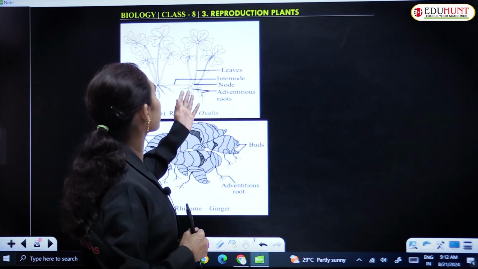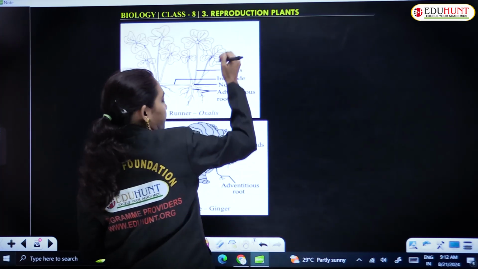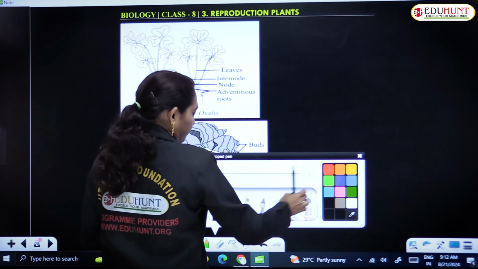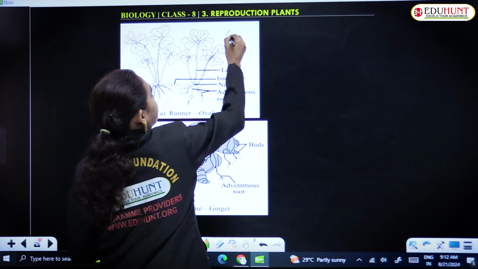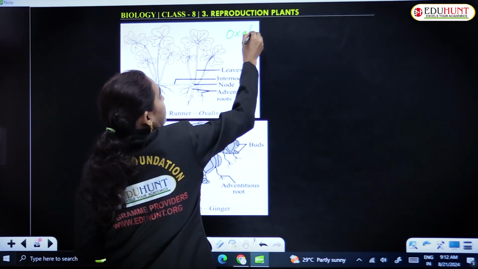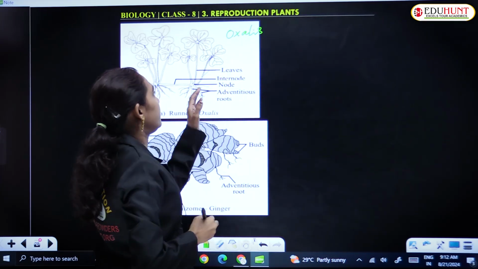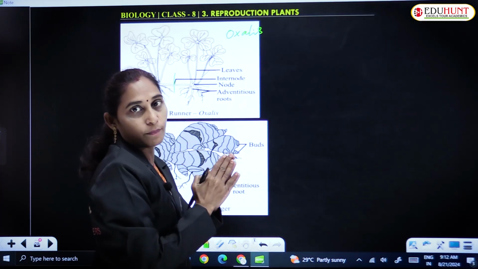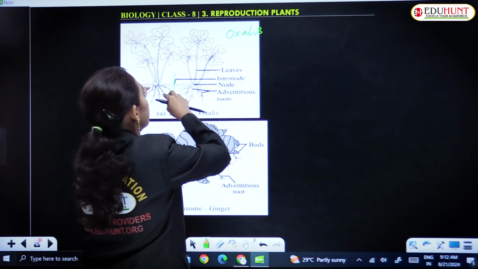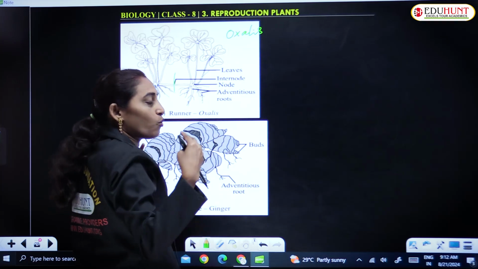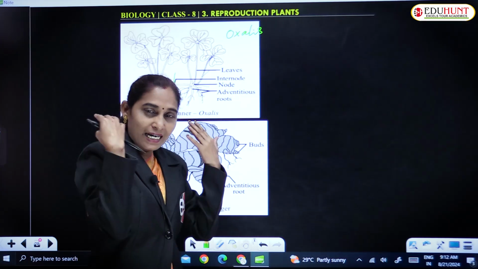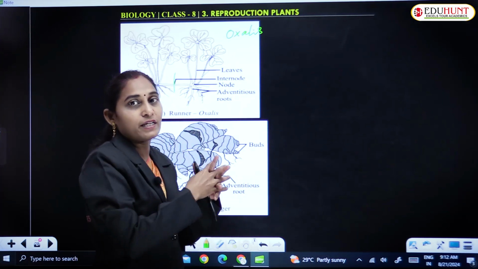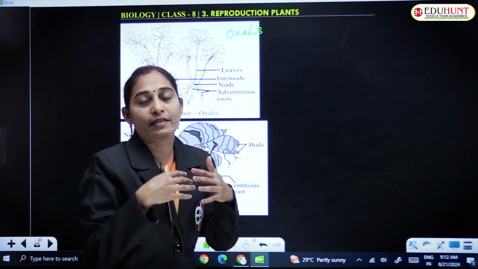These are some other examples. It is oxalis. In this, if we separate the plant at the internodal part, both the plants act as a single plant until they are separated from each other.